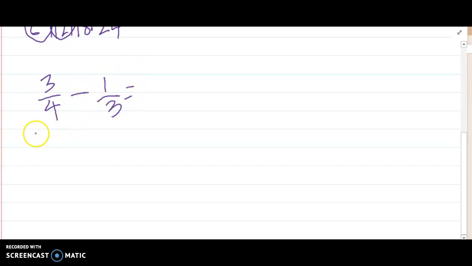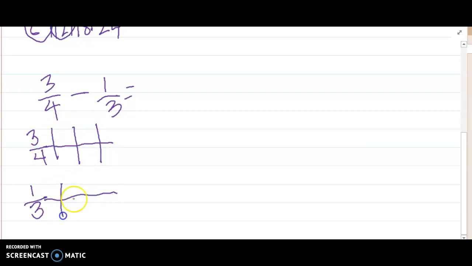Alright, step 1. Write the fractions below since the denominators are not the same. Stretch them out with an EFT. This is super easy. You just need to do it. Alright, so I'm going to count by 3s: 3, 6, 9, 12.